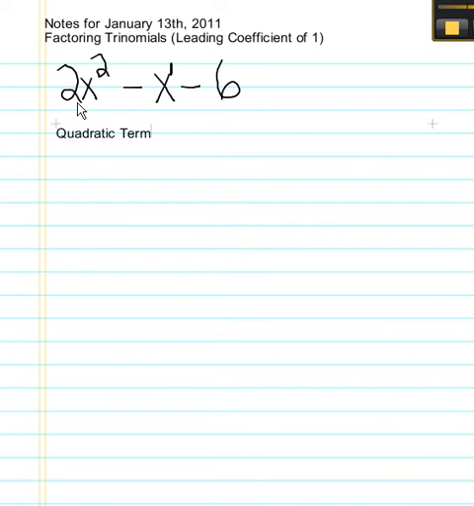The quadratic term is always something to the second power. And this is called a quadratic polynomial because its highest degree is a quadratic.